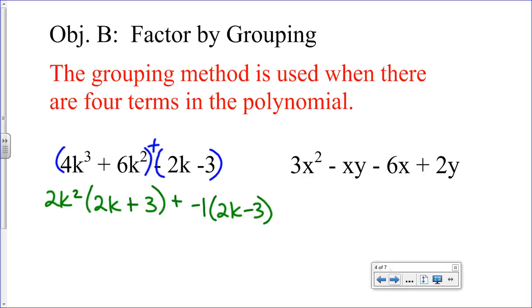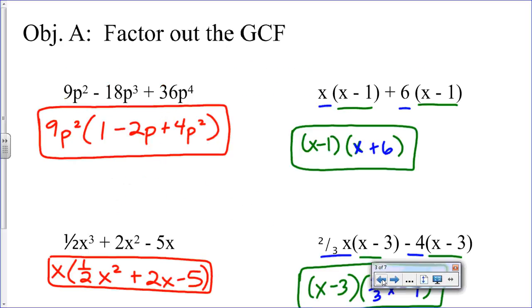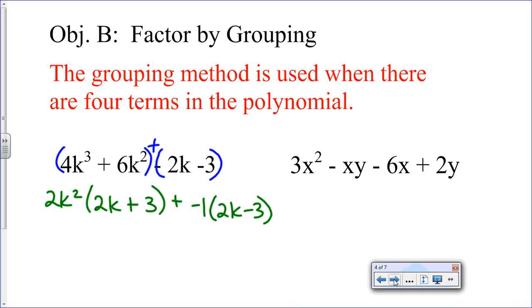Now I have a problem like these. So what is my common factor now? Good, 2k plus 3. So that's what I want to factor out, 2k plus 3.